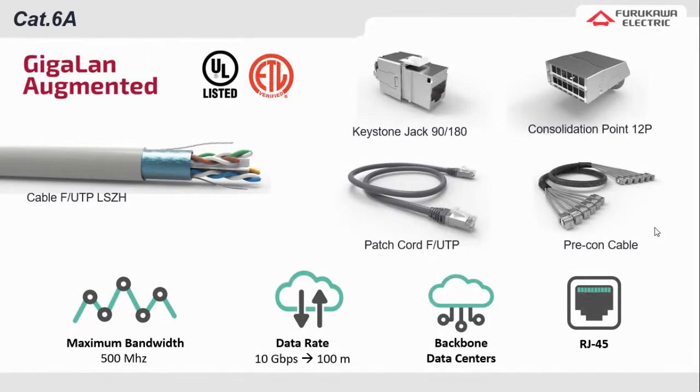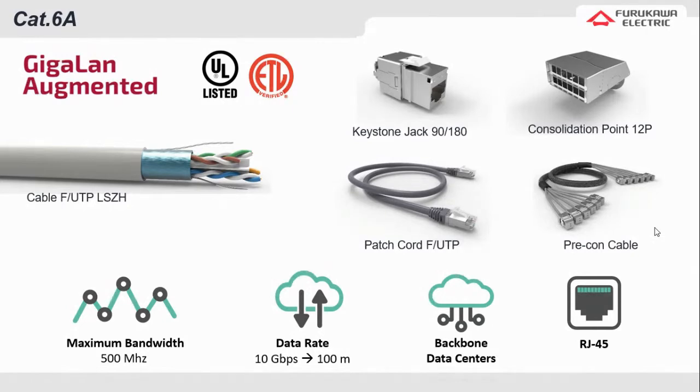So CAT.6 cable was a U/UTP cable because it consists of 4 unshielded twisted pairs and no outer shielding. However, for CAT.6A, we recommend F/UTP, which is a cable with 4 unshielded twisted pairs but containing an outer foil shield. And this is due to a phenomenon called alien crosstalk, which has to do with electromagnetic interference.